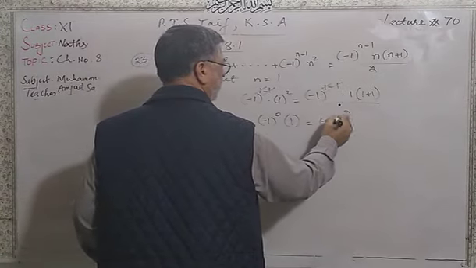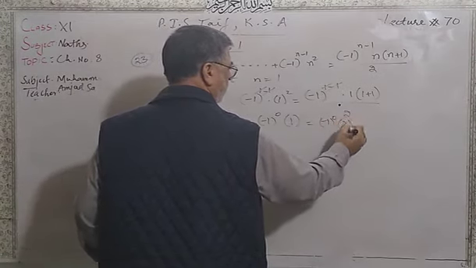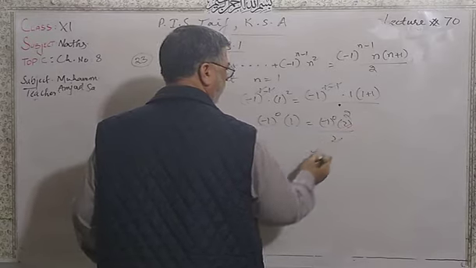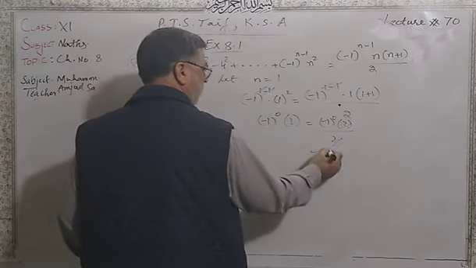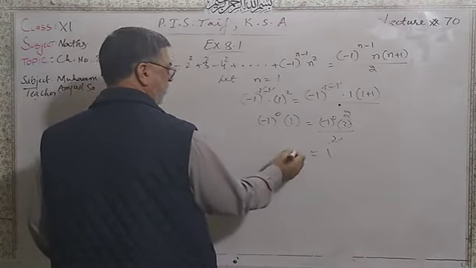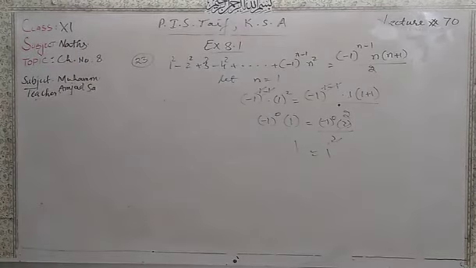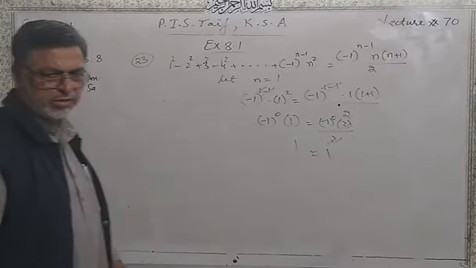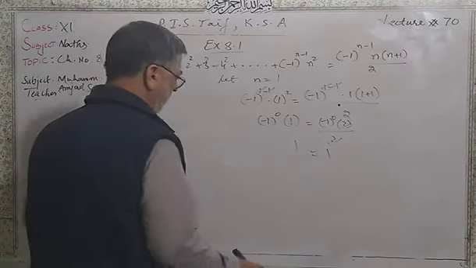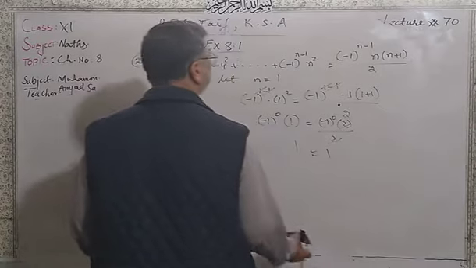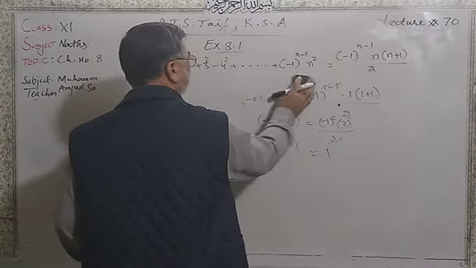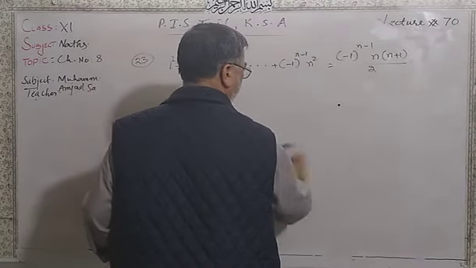On the right, (−1)^0 is 1 into 2 over 2, so the 2 cancels out. Something to the power 0 is always 1, so this is 1 into 1. So the formula is true for n = 1.